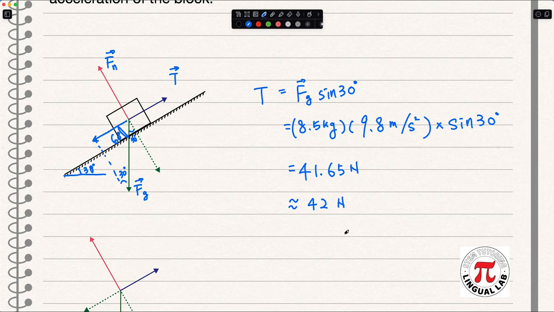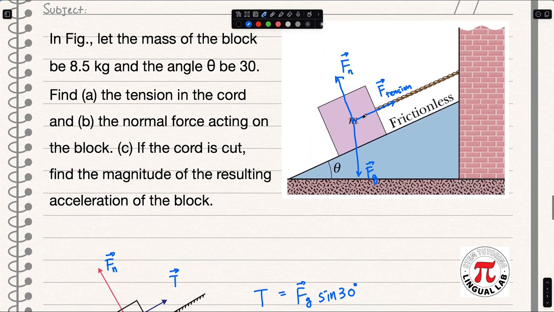That's the first question. The second question asks for the normal force acting on the block. We already analyzed the normal force earlier. This is the normal force on the block.